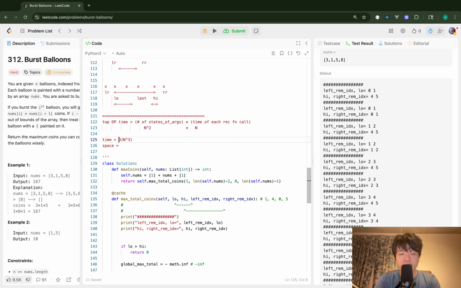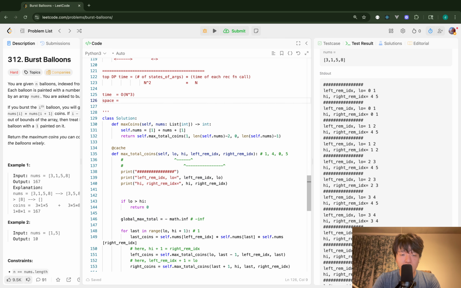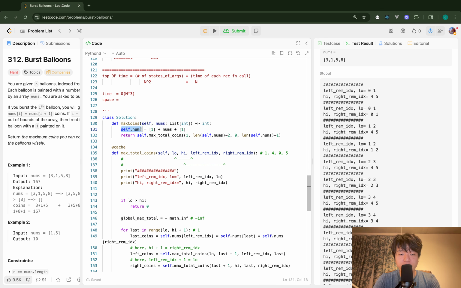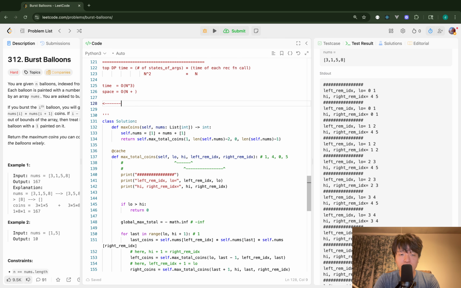And for space complexity, firstly, I use the self.nums array, which is of size n plus 2. And also, I use the recursive function call. So basically, low and high are the arguments.